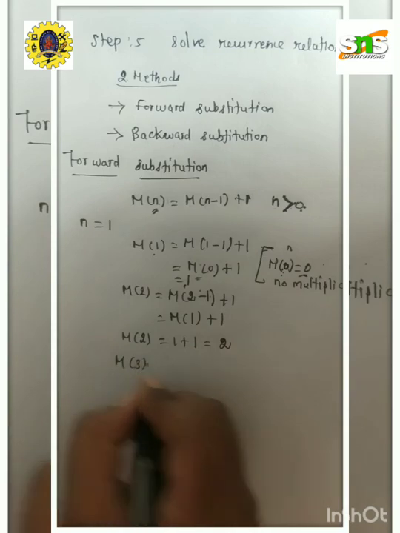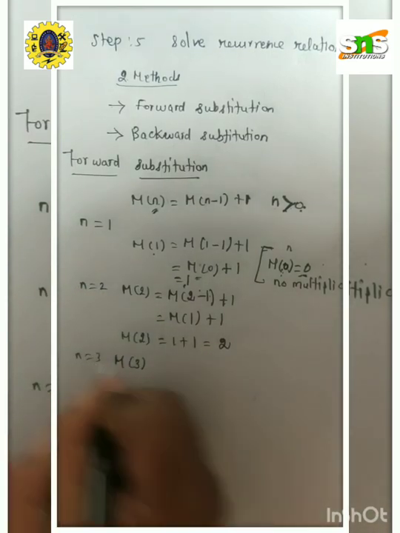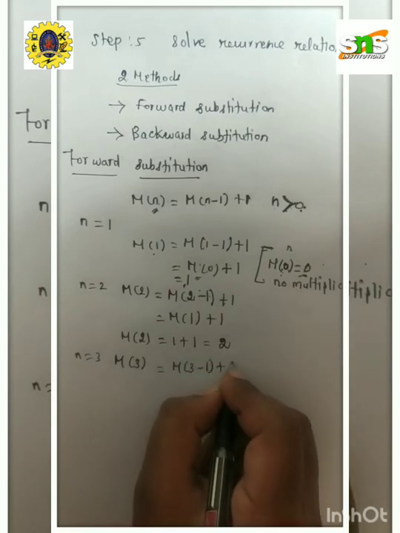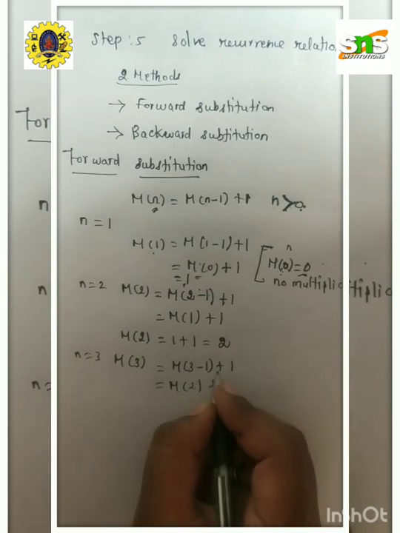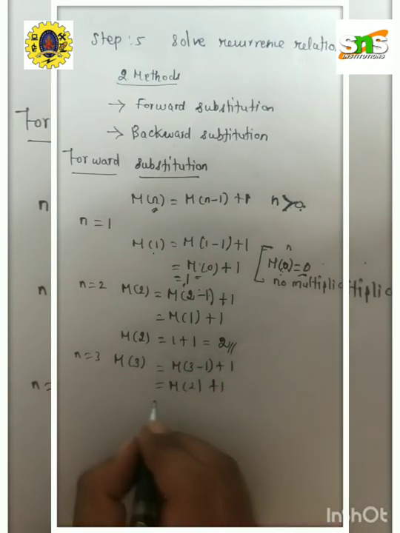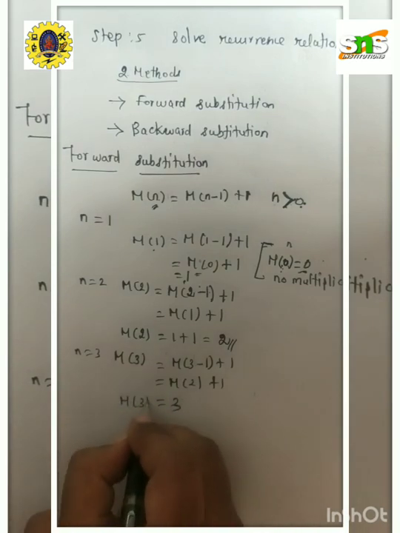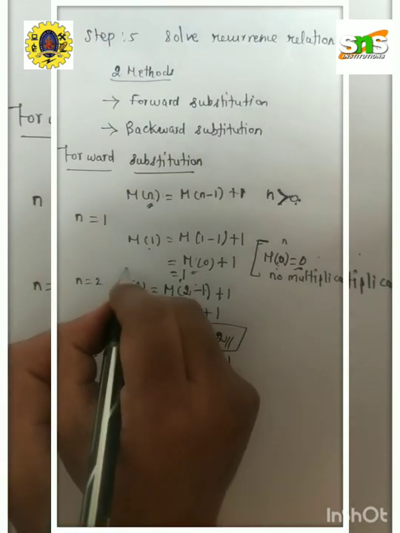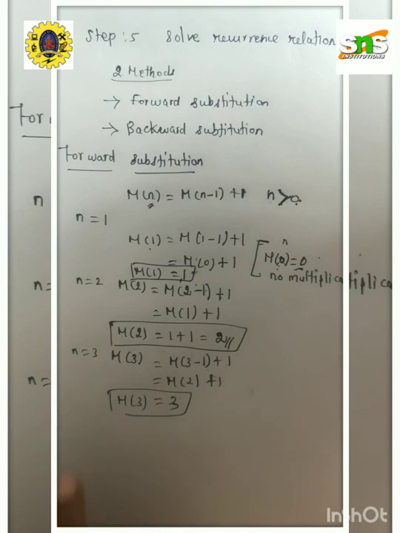N is equal to 3: m of 3 minus 1 plus 1, m of 2 plus 1. What is m of 2 in the previous step? 2. 2 plus 1, 3. So m of 3 equal to 3. M of 2 equal to 2, m of 1 equal to 1.